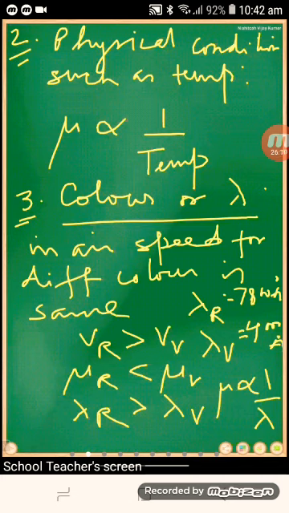Keep in mind, this is applicable when it is traveling in any medium other than air, say for example glass or diamond or water. Even in case of water, if you see at a certain particular angle, you will be able to see the different colors, although in the normal case it is not visible. So these are the three factors which are affecting the refractive index of the medium.